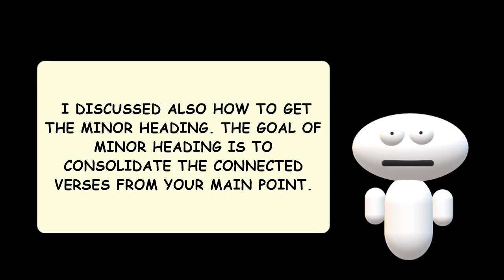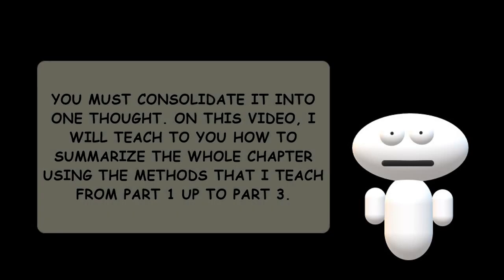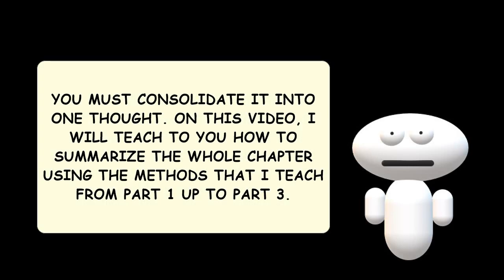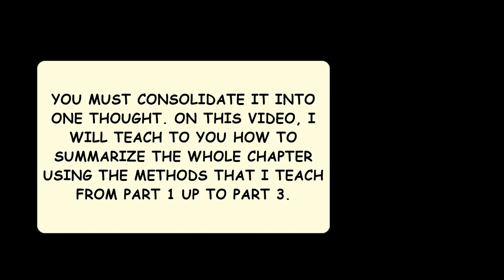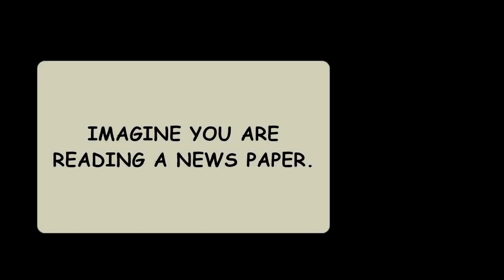The goal of a minor heading is to consolidate the connected verses from your main point into one thought. In this video, I will teach you how to summarize the whole chapter using the methods that I taught from part 1 up to part 3.